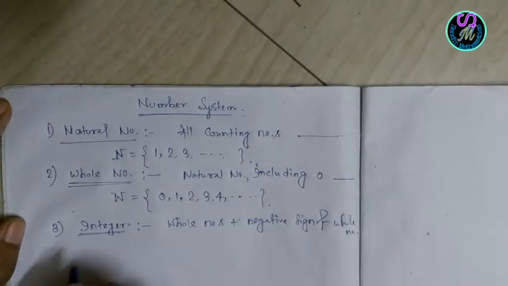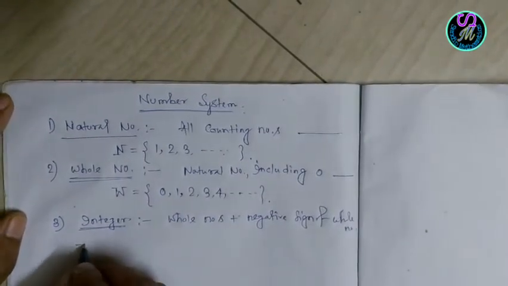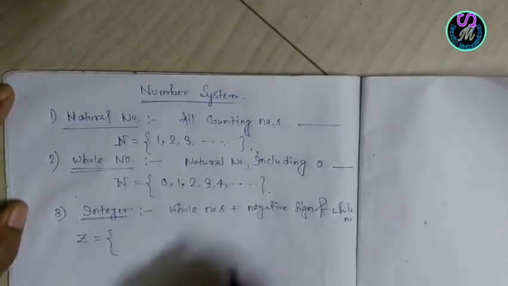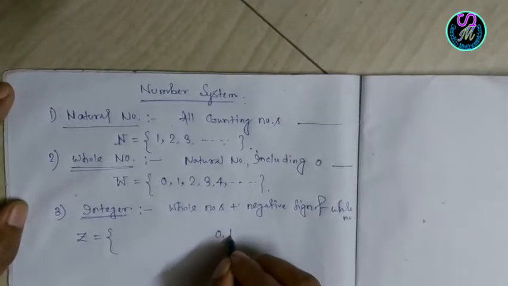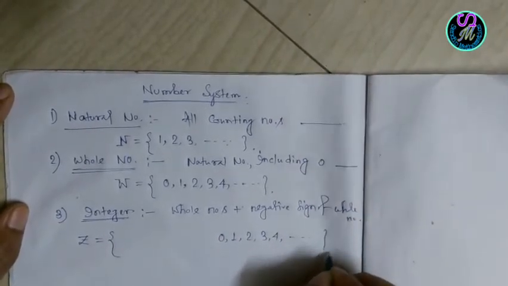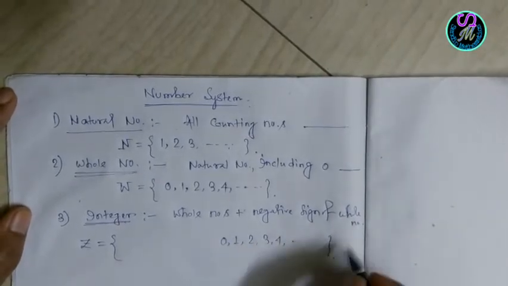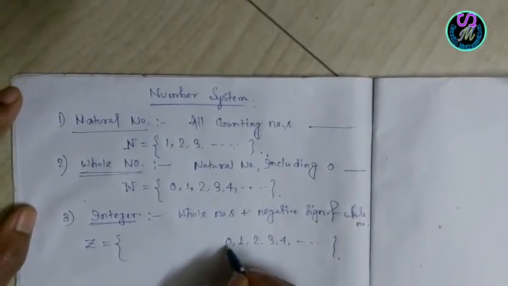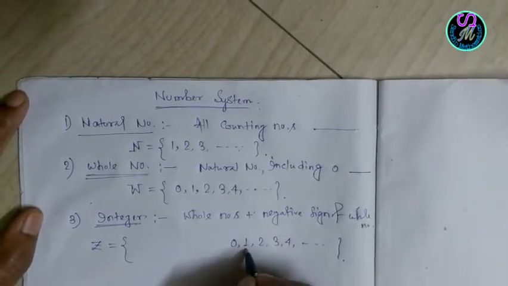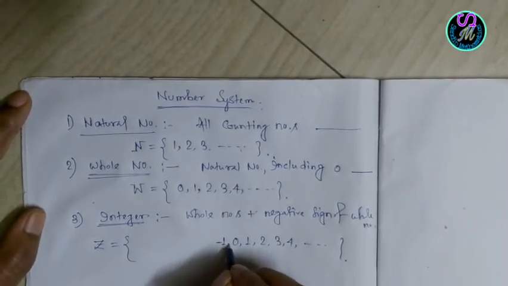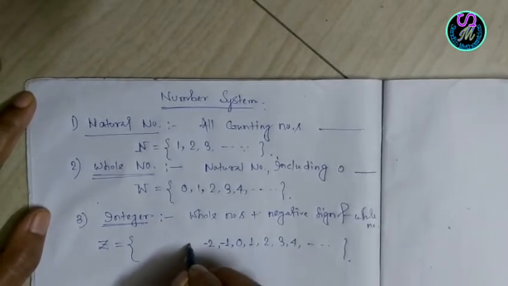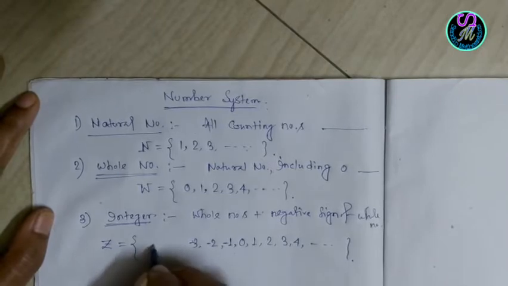And integer is represented as Z. Z can be expressed as, first, the whole numbers 0, 1, 2, 3, 4, and then the negative sign of the whole numbers. The negative of 0 is 0, so this is included. Next, the negative of 1 is -1, then 2 gives -2, 3 gives -3, and so on, continuing.